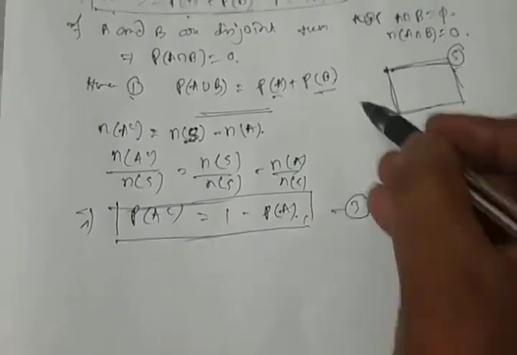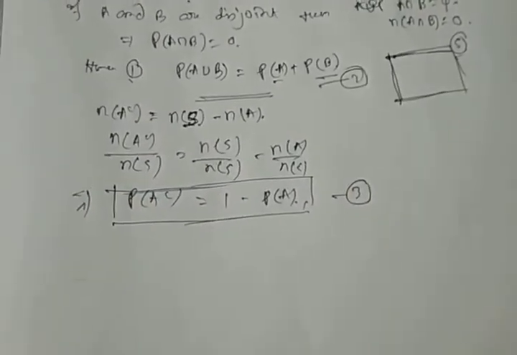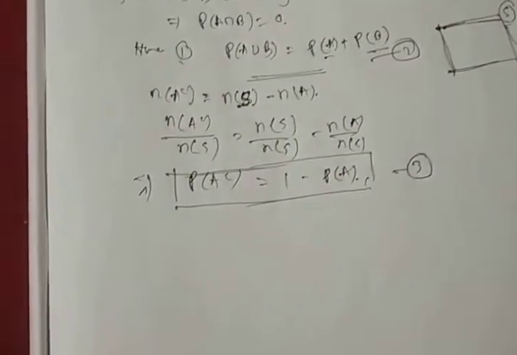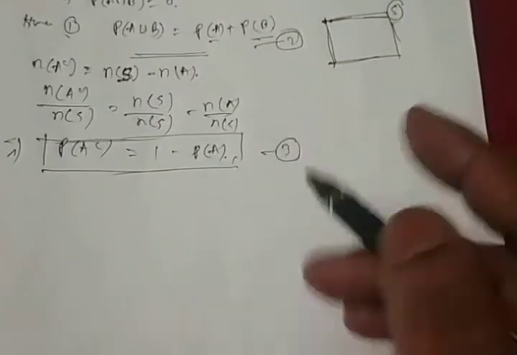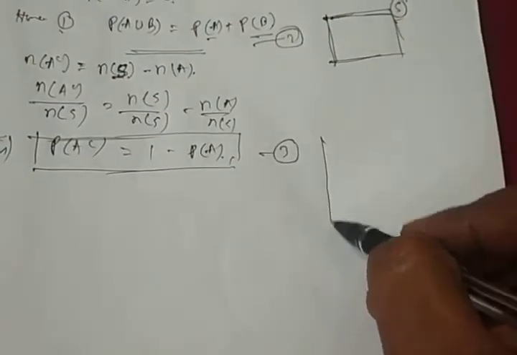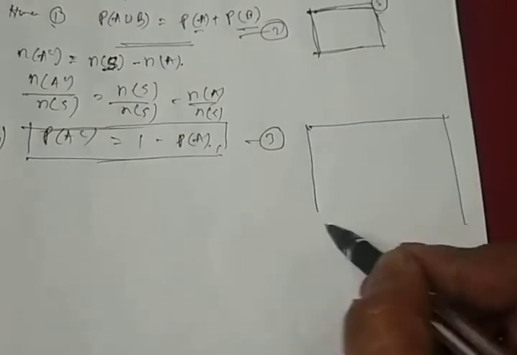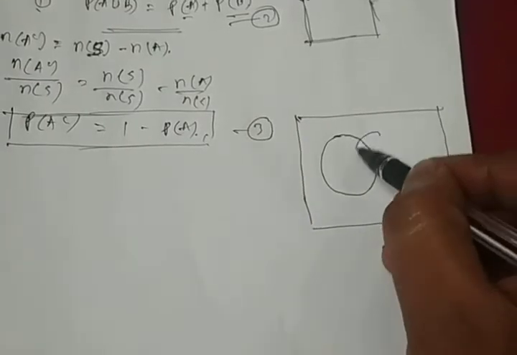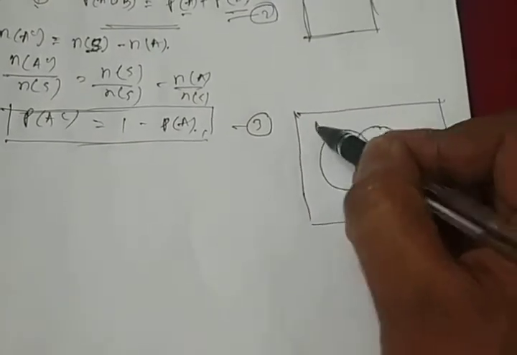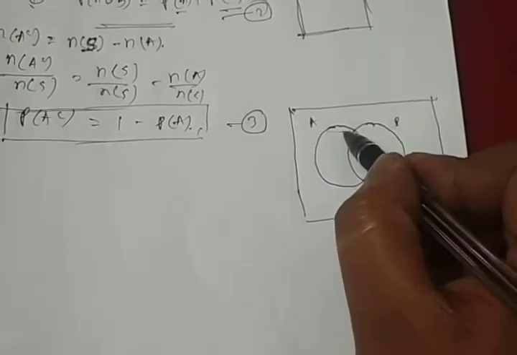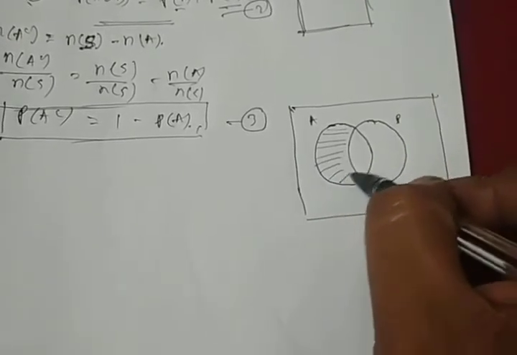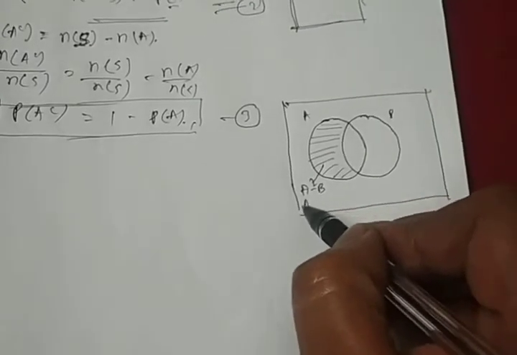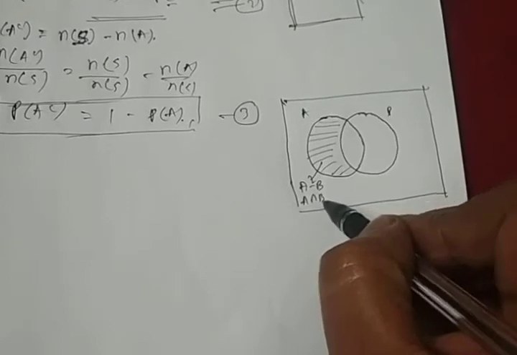So this is property 3 and the earlier one is property 2, and there are two other properties we will get from the Venn diagram. From the Venn diagram we see that if two events are connected to each other, this will be the two events A and B. Now in the set chapter we have seen that this part is A minus B, which is also written as A intersection B complement.